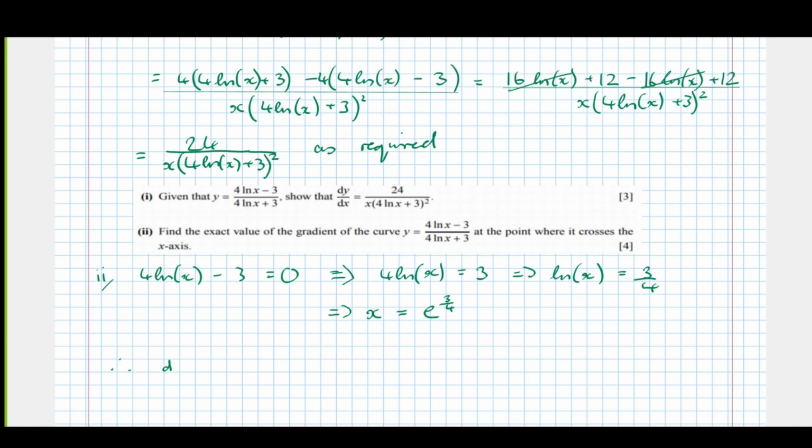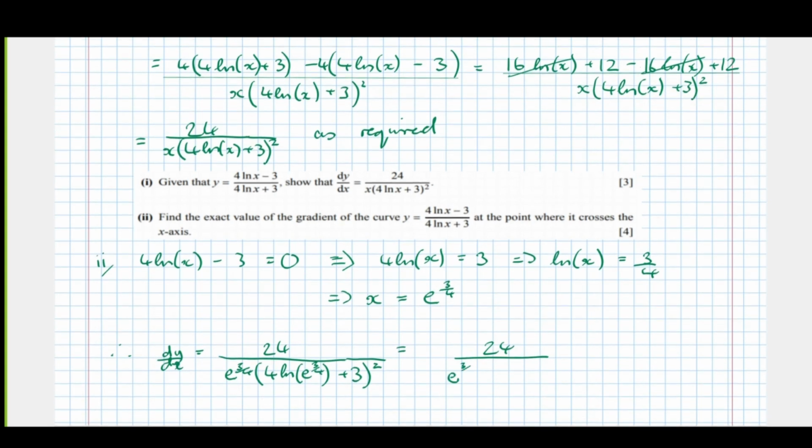So now I've got my x value to sub into the gradient formula. Therefore, dy by dx equals 24 over e to the 3/4 times 4 log of e to the 3/4 plus 3 squared equals 24 over e to the 3/4, and log of e to the 3/4 is just 3/4.